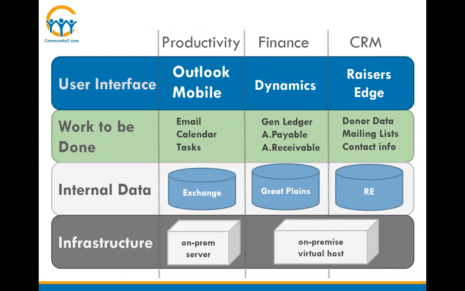The work to be done: they're sending email to each other, scheduling meetings, assigning tasks. On the finance side, they're using Great Plains as their general ledger, and to manage AP and AR. And on the CRM, they're managing donor data, mailing lists, contact info. So that's the work to be done.